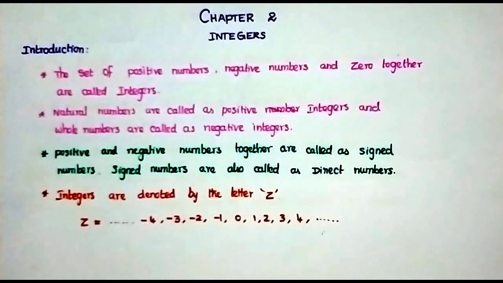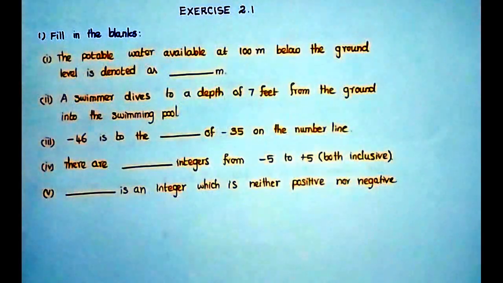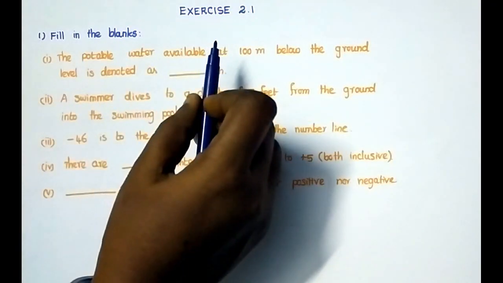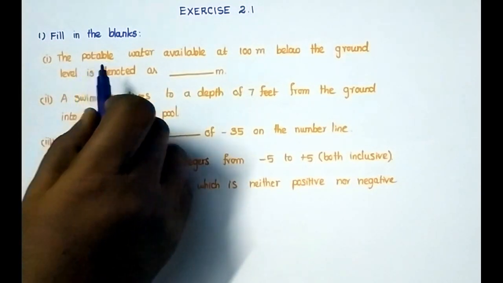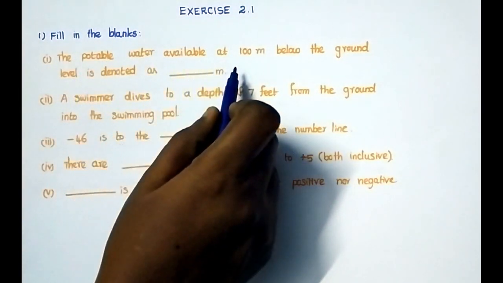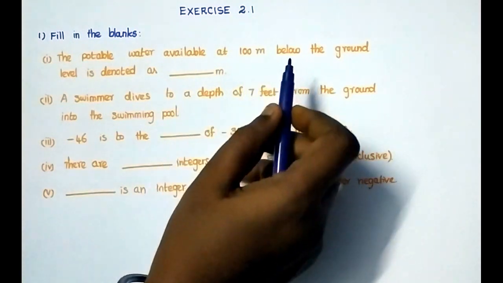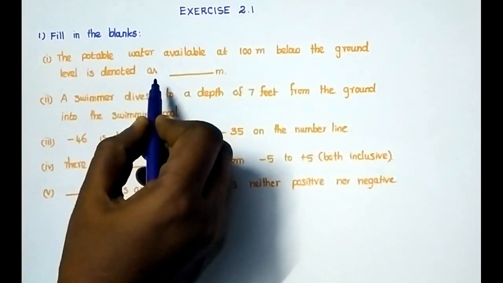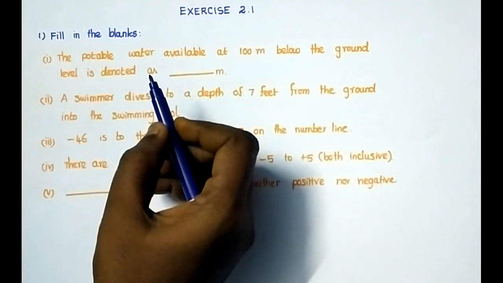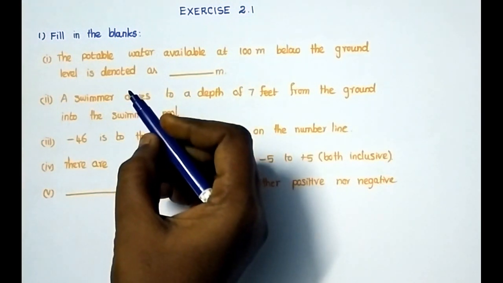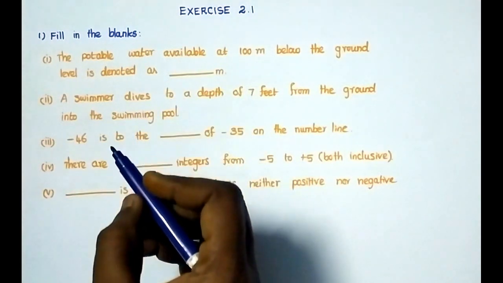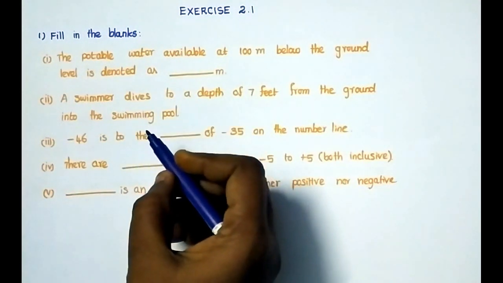Now let us see the exercise sums. Exercise 2.1, first question, fill in the blanks. The potable water available at 100 meter below the ground level is denoted as dash. Listen, left of the 0 is negative and below the ground level is also denoted by negative integers.